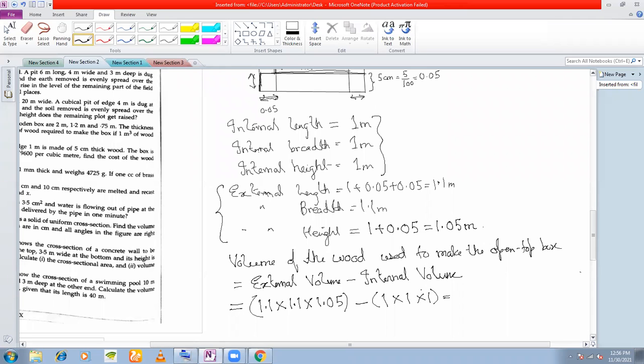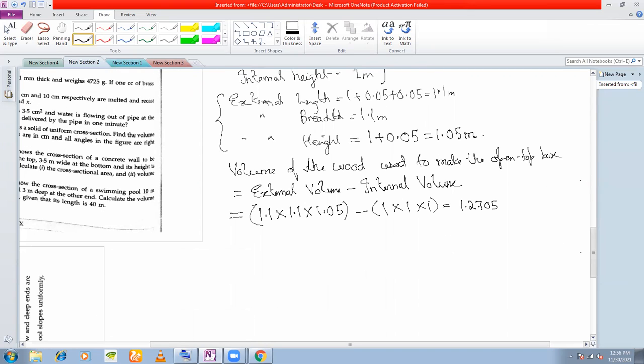Now we will multiply 1.1 and 1.1 and 1.05 to get 1.2705. You know how to multiply 1.1 with 1.1? You can take fractions. If you have a problem multiplying, you can convert this to 11 by 10, 11 by 10 and 105 by 100, minus 1.